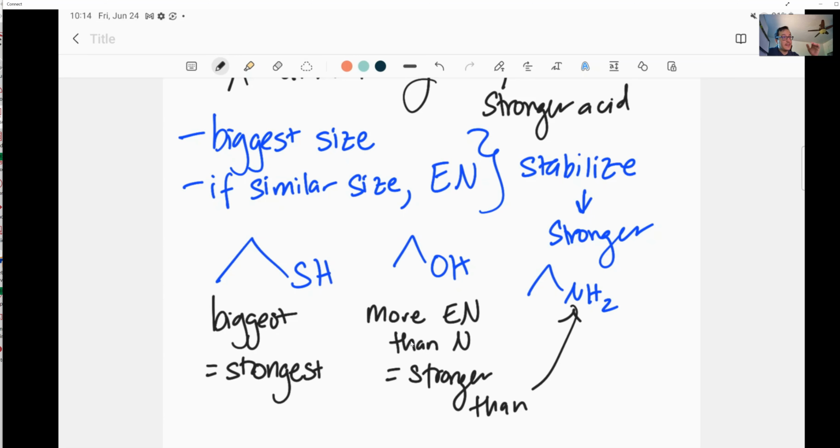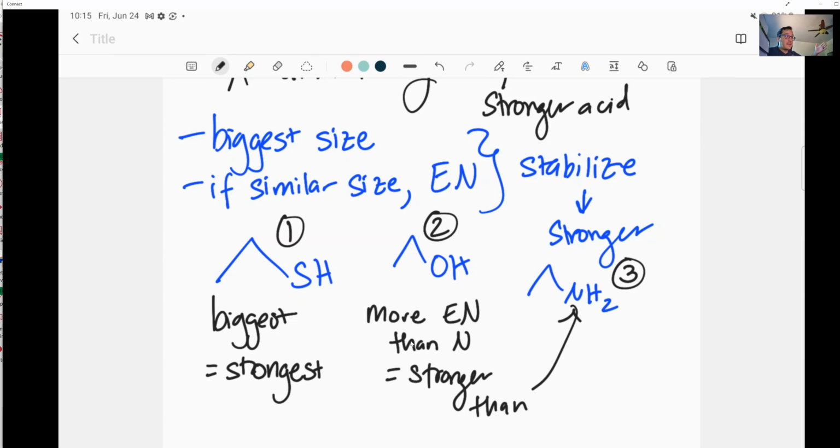And so you can see the only difference with these three is the atom identity, right? Everything else is the same. They have 2 carbons and the rest is all the same too. So if we were to rank these in order, the one with the sulfur would be strongest, then the one with the oxygen, and then the one with the nitrogen will be our third strongest, or our weakest, we could say.